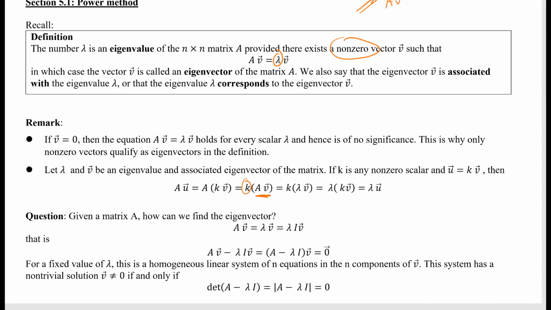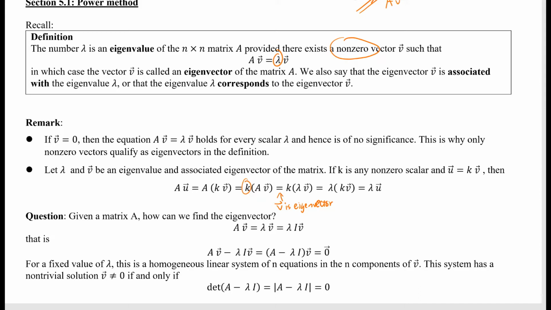Then because v is an eigenvector, Av equals lambda v. Now, because lambda and k are just scalars, we can move the lambda in front. Now we get lambda u.